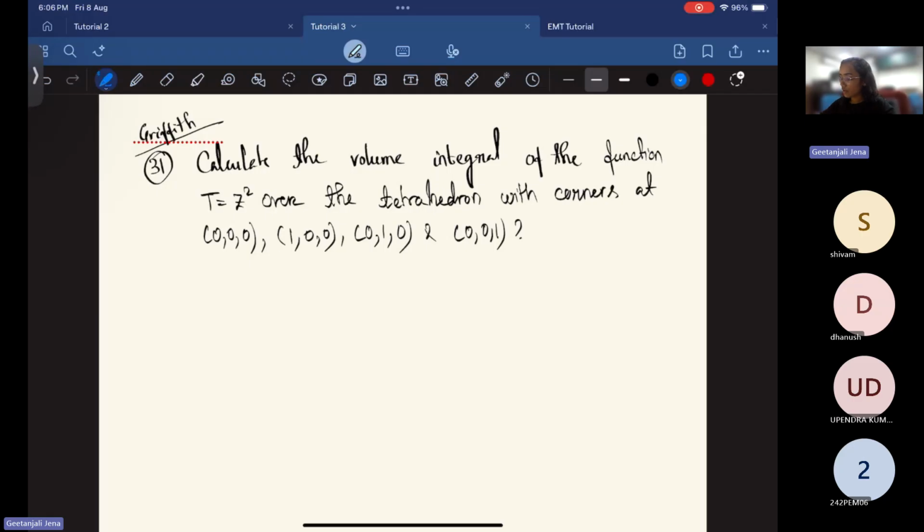So let us plot how the tetrahedron looks. It has four corners, one is at 0, 0, 1. Let me plot it first.